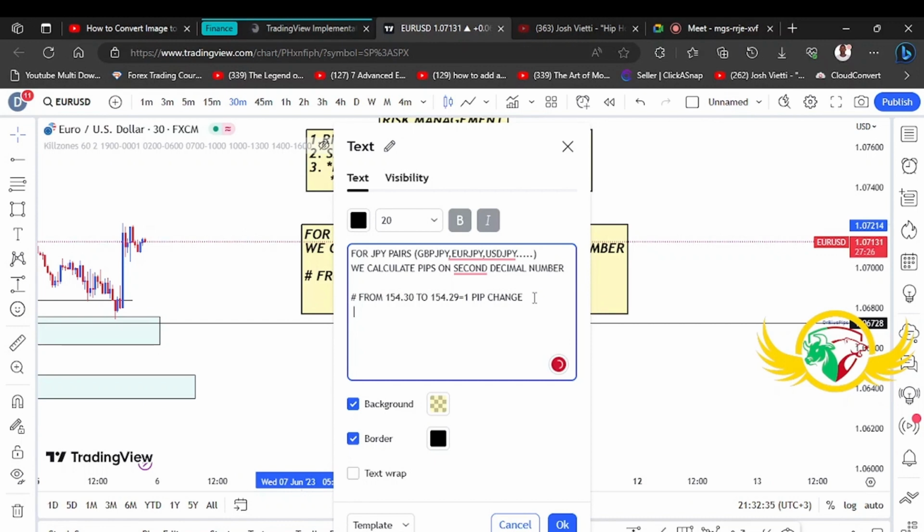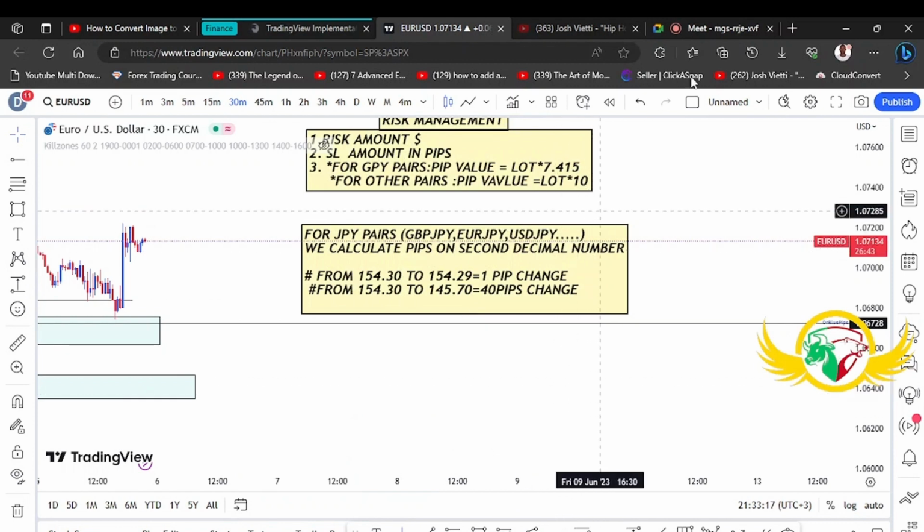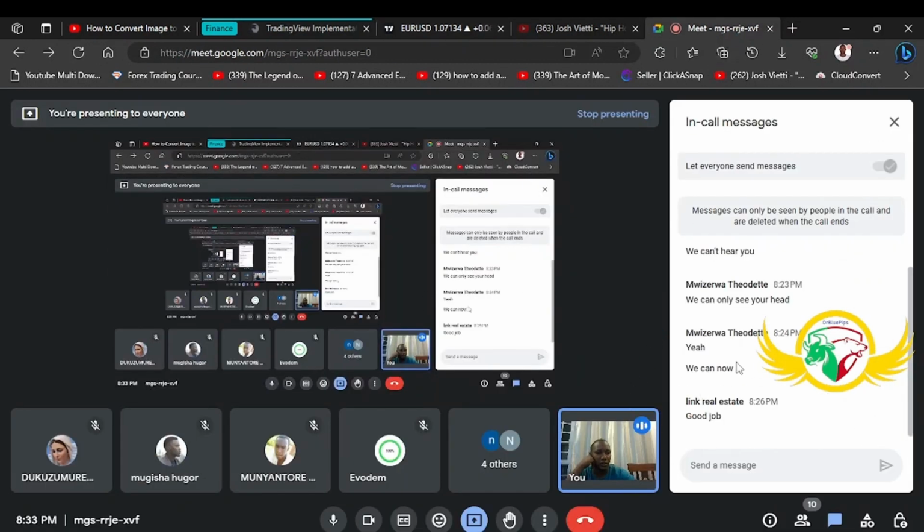Again, from 154.30 to, let's say, 154.70, now this is 40 pips change. You can understand this one. Okay.